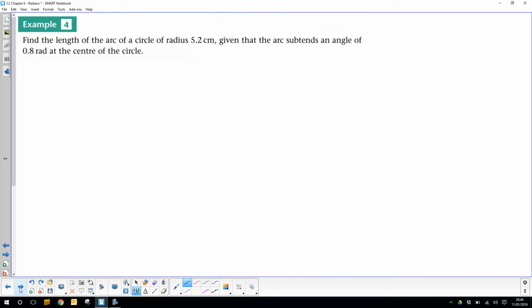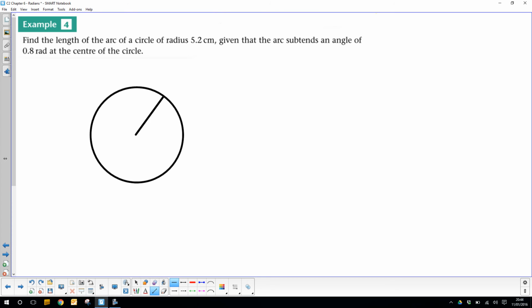It says, find the length of the arc of a circle of radius 5.2 given the arc subtends an angle of 0.8 radians at the centre of the circle. I'm just going to very quickly look at some of the terminology here. So we've got the centre of a circle, and I'm going to pick roughly what that might be. 0.8 radians, of course, isn't particularly big.